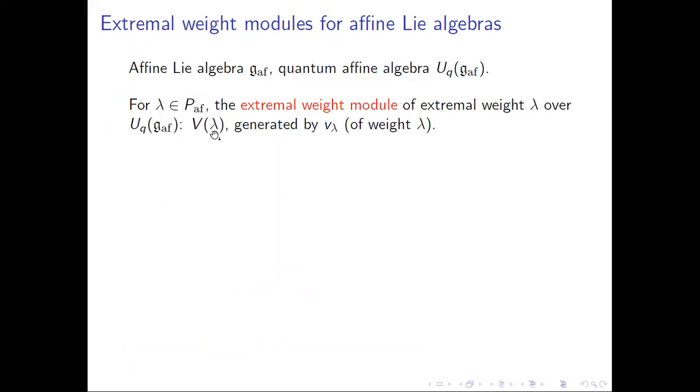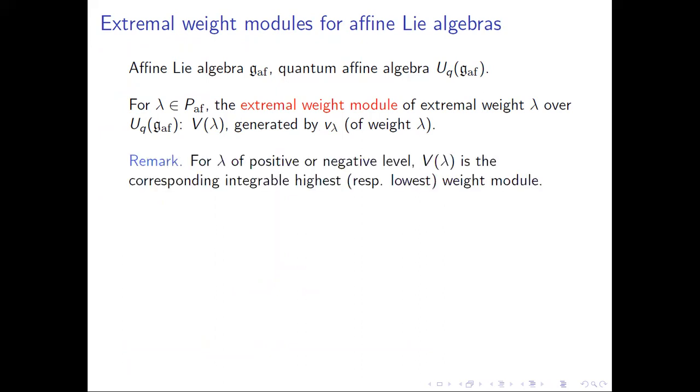This is denoted V of lambda, and this is generated by a vector of weight lambda, v lambda. And when the weight lambda is of positive or negative level, then V of lambda is the usual integrable highest or lowest weight module.